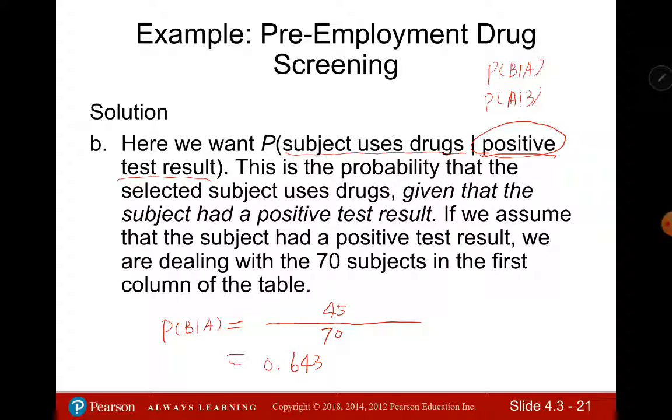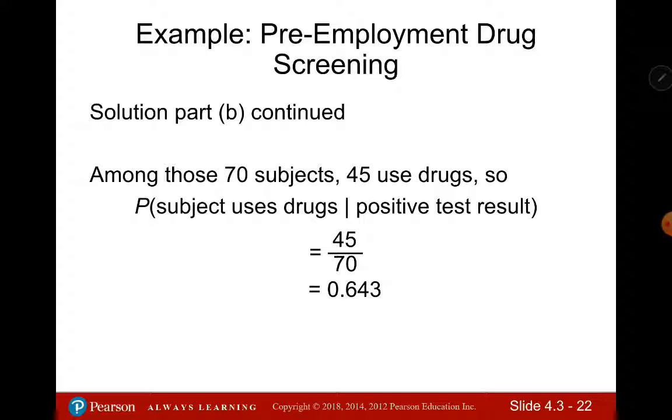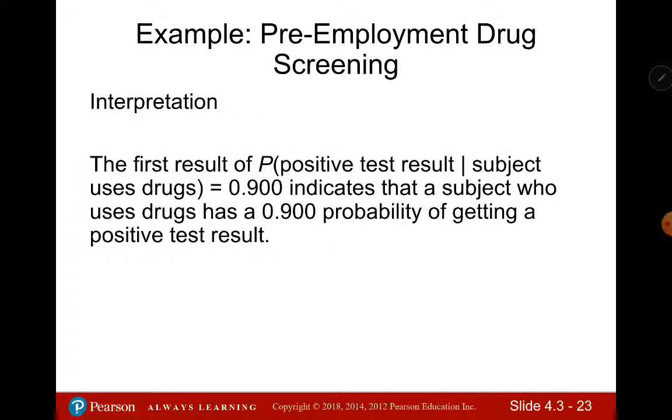This time is uses drugs given positive result. We get this conclusion. If we change the order BA to AB, they are not the same thing. They are not the same thing. So this is the solution of part B.